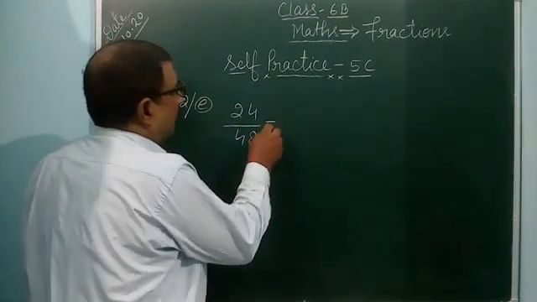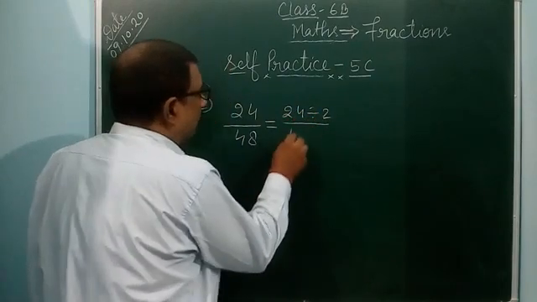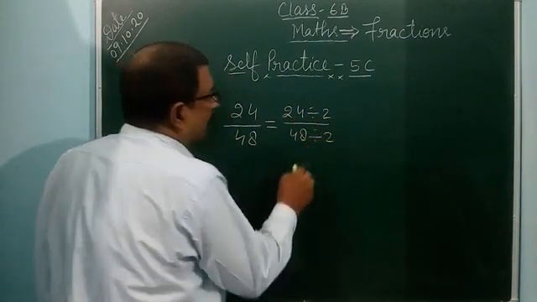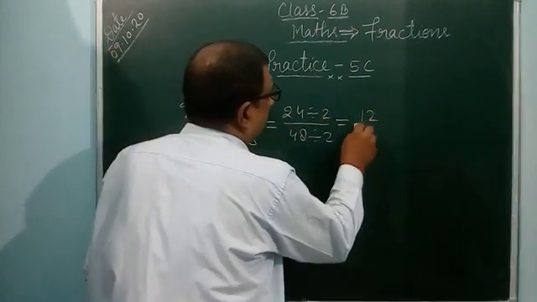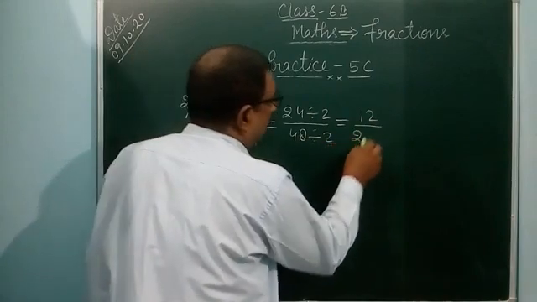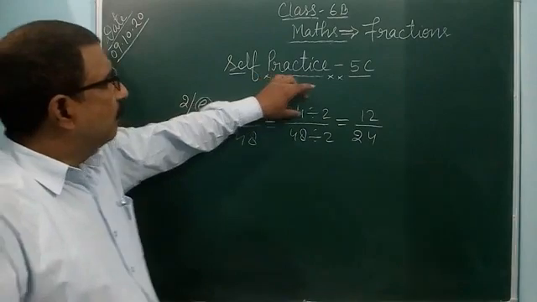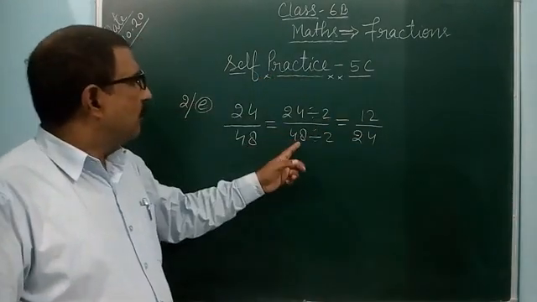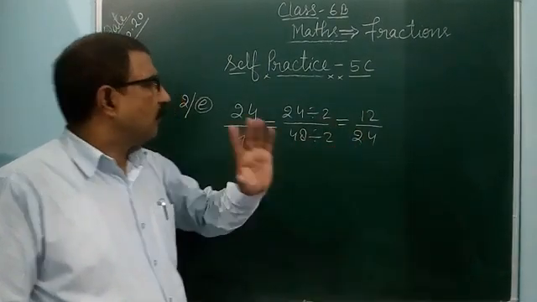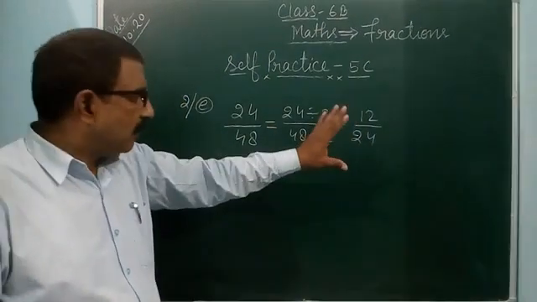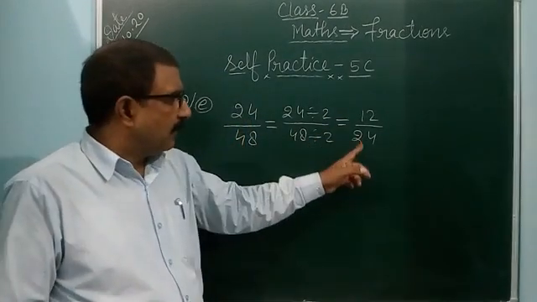If you divide 24 by 2 and 48 by 2: 2 12s are 24 and 2 24s are 48. So 24 divided by 2 is 12, and 48 divided by 2 is 24. So it is 12 by 24. The first equivalent fraction: 24 by 48 is equal to 12 by 24.